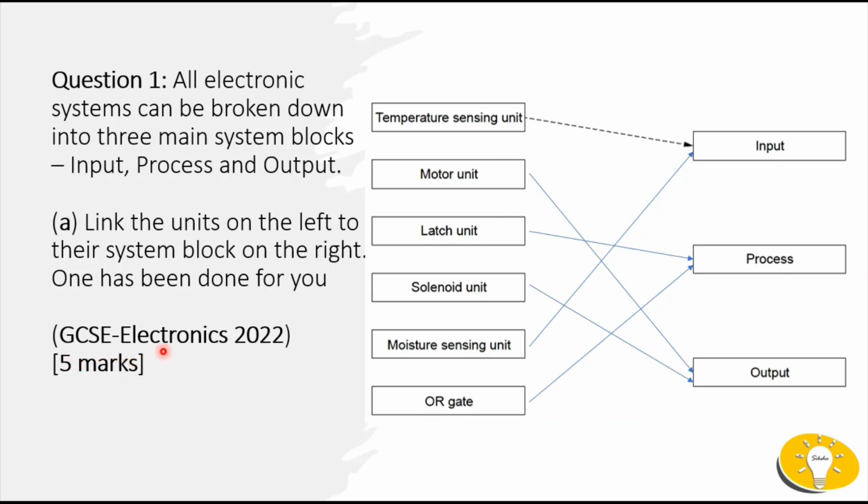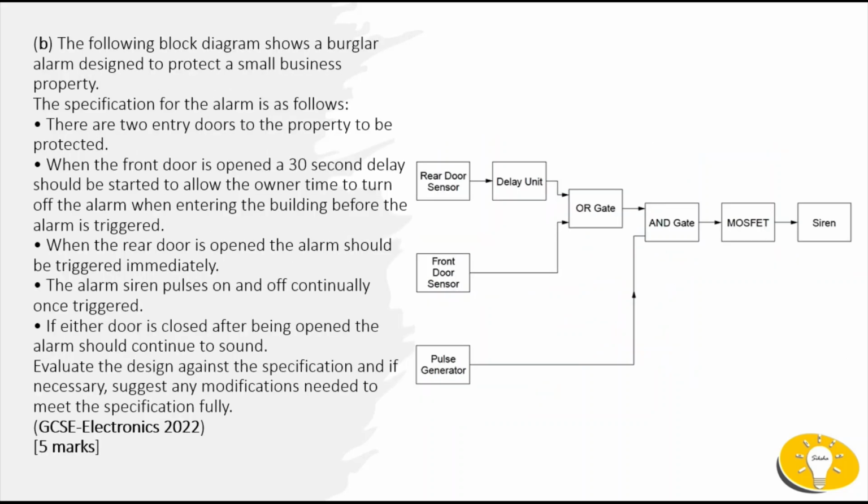This is an actual GCSE electronics question from 2022. If you remember those tables which I explained in the slides or in the previous videos, it will be very helpful.